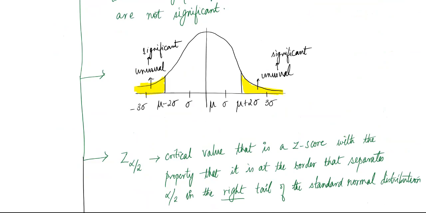So this yellow shaded region must be the remaining 5%, because this whole area is 95%. You with me on this? If this is 95%, the remaining tail ends must take up the 5%, right? So this is 5% together, the yellow.